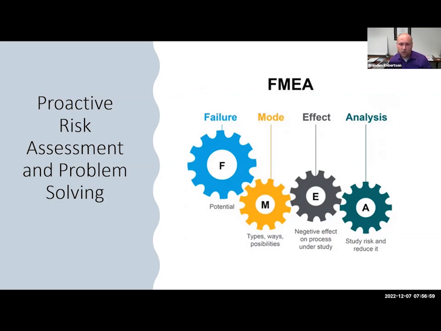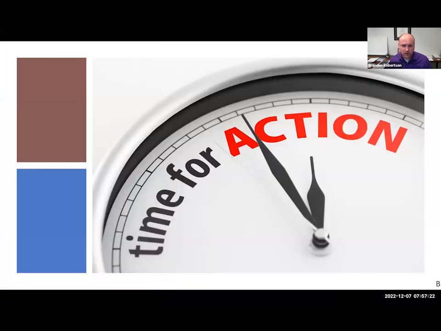In fact, a prioritization matrix is helpful in FMEA, and a fishbone can be helpful as well. So that is an FMEA, failure modes and effects analysis. And that is a proactive risk or problem solving framework, and very helpful for you to know as a clinician and likely to be involved in at some point during your career.